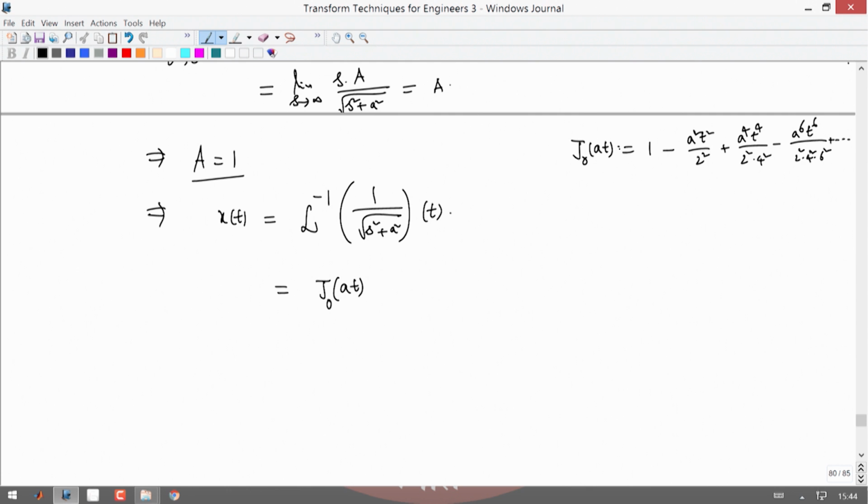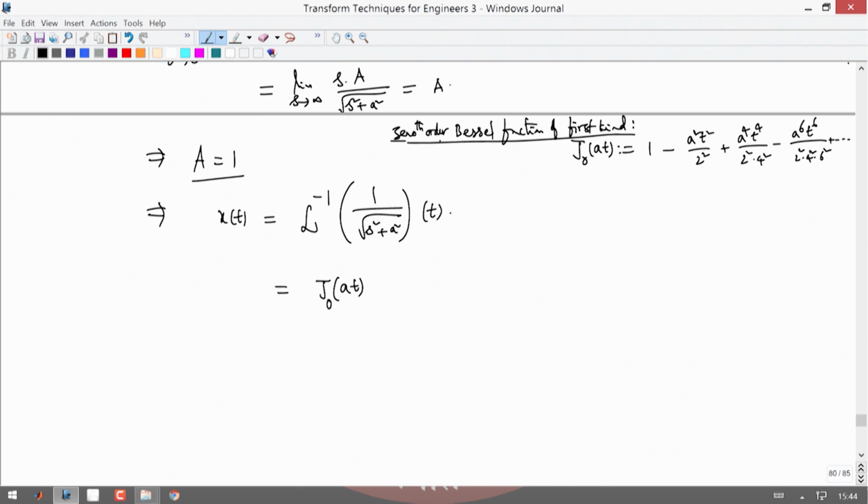This is the definition of this special function, the Bessel function of the first kind, of 0th order.